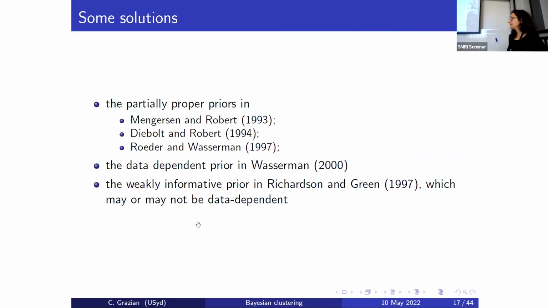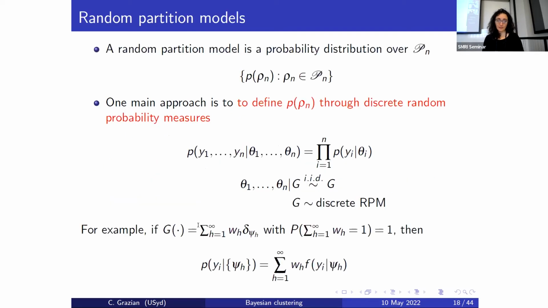There are some results on using less informative prior distributions, but I'm going to focus specifically on the problem of partitioning, so allocating observations to each cluster. The idea of mixture models is that there is actually a prior distribution or a model defined on the partition rho n.